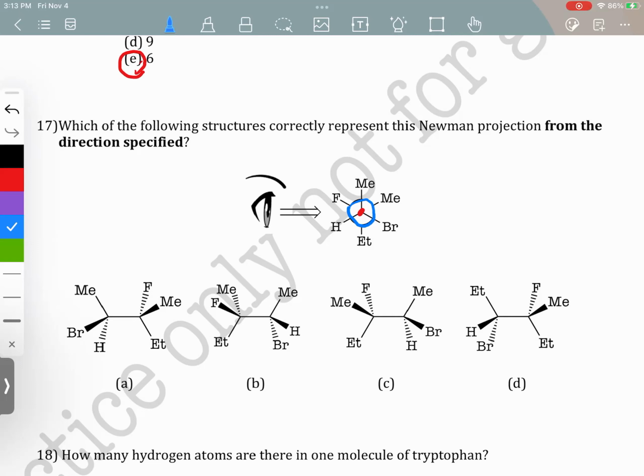On the right. The front one ends up on the right. So the eye is viewing it from this sideways position. So we turn it to where the eye is looking. First carbon ends up on the right, second carbon ends up on the left.